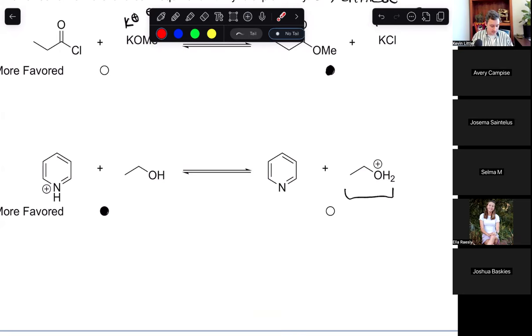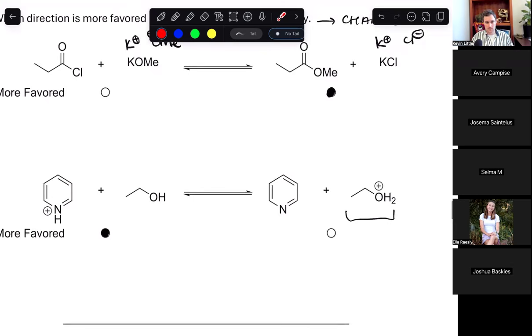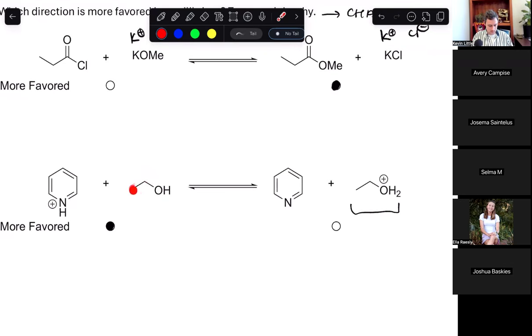So in this case, let's simplify it. Look at the conjugate base. Look at the negatively charged thing. Look at the thing that's most negative and follow REO. So here, this is more negative than the positive thing, right? So that makes this the conjugate base.